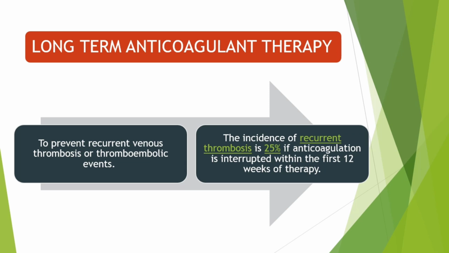So it should be done individually in every patient after assessing their risk-benefit ratio, their bleeding risk, their recurrence risk, the risk factor profile. The goal is to prevent recurrent venous thrombosis or thromboembolic events.